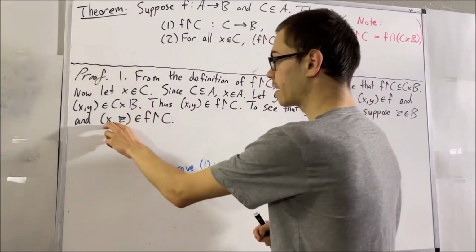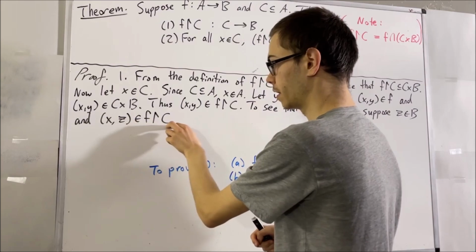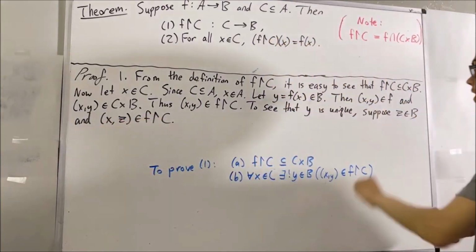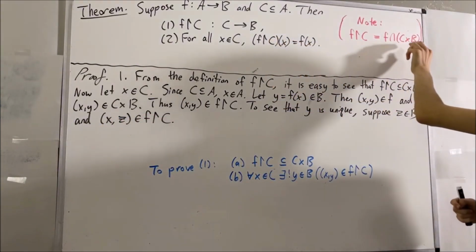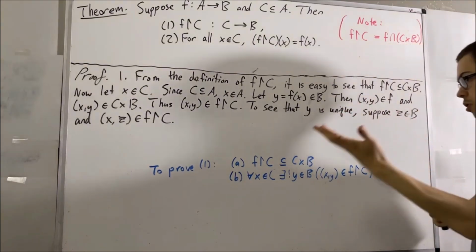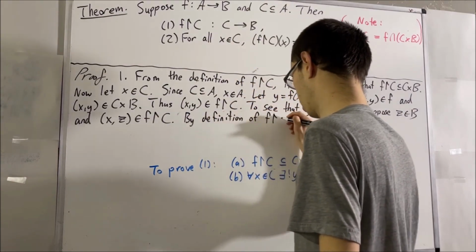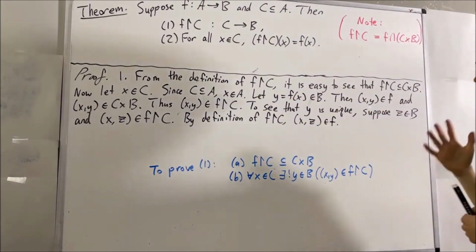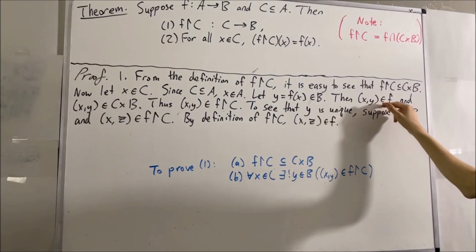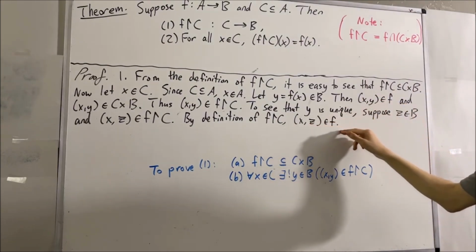Now, since x comma z is an element of f restricted to C, it follows that x comma z is an element of f and C times B. In particular, we have that x comma z is an element of f. So notice, we have that x comma y is an element of f and x comma z is an element of f.